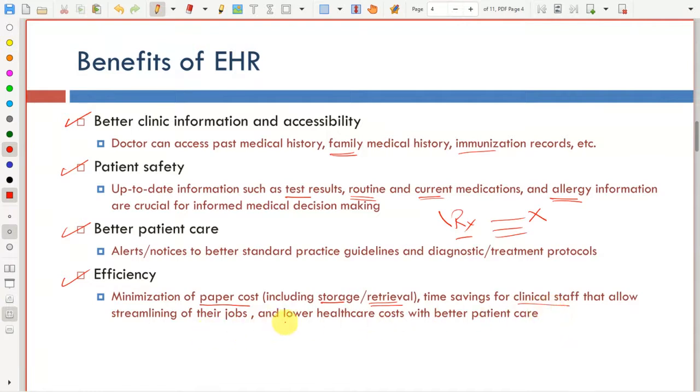So if you have an EHR, then it's very likely that you will have lower healthcare costs, because you don't have to waste the staff's time trying to get files and look at files and looking for a missing report in a file or things of that sort. Okay, so this, of course, will be translated to better patient care.